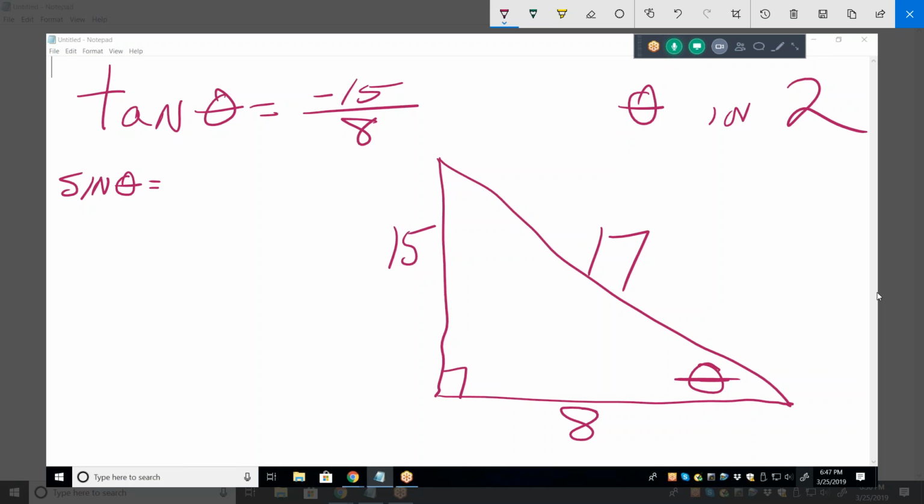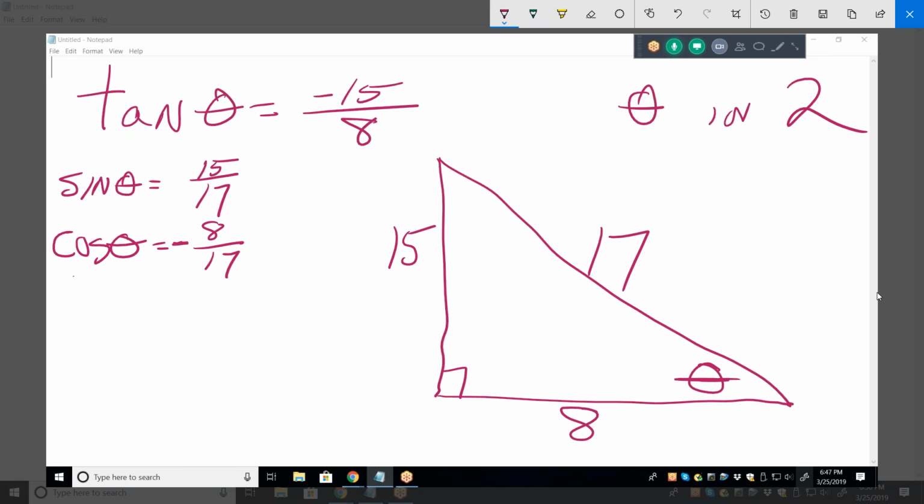So what is the sine of theta from this triangle? 15 over 17. Now, what is the plus or minus on sine in the second quadrant? It's positive. Cosine of theta is what? 8 over 17. What is the cosine plus or minus in second quadrant? It's negative.